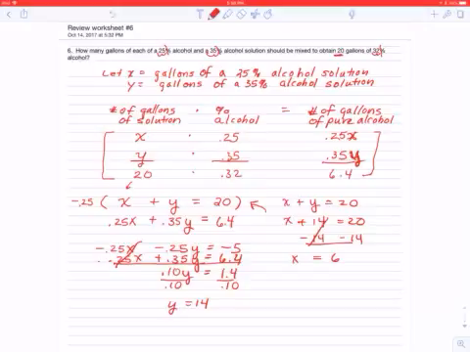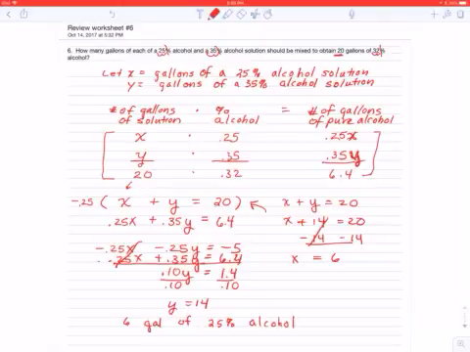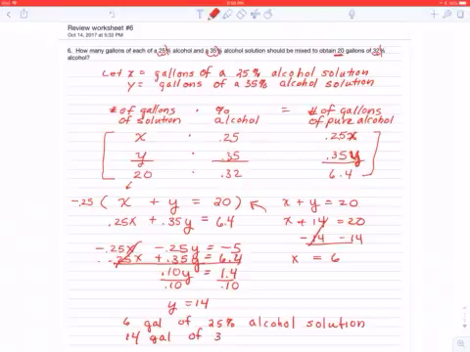So my answer is, what I need is 6 gallons of a 25% alcohol solution and 14 gallons of a 35% alcohol solution.